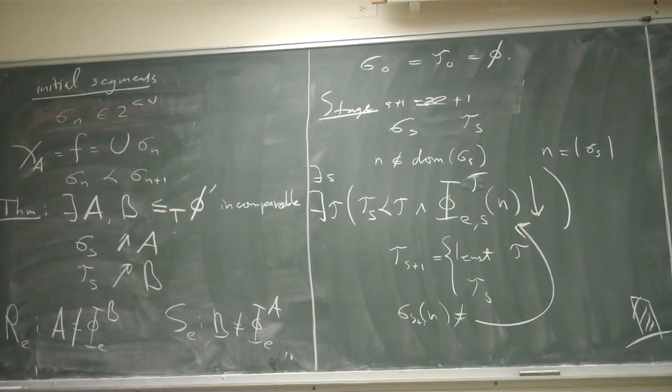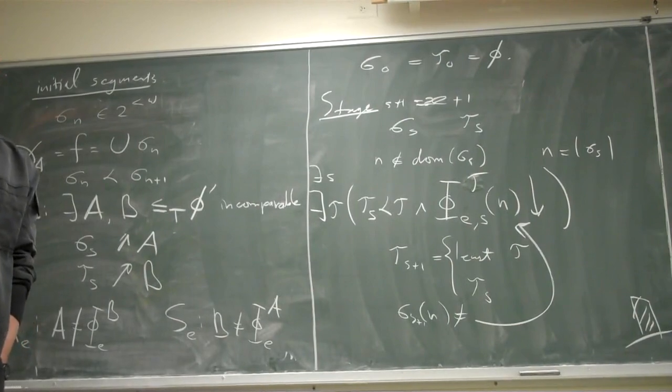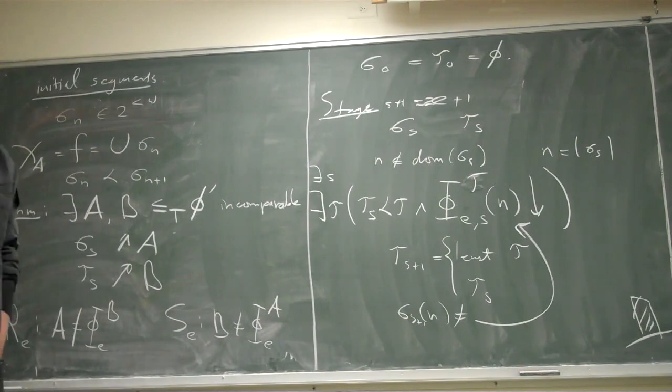Can we prove that between any two Turing degrees there's another Turing degree? Between any two CE Turing degrees, there's another Turing degree. So this is probably going to be the crowning result of this course.